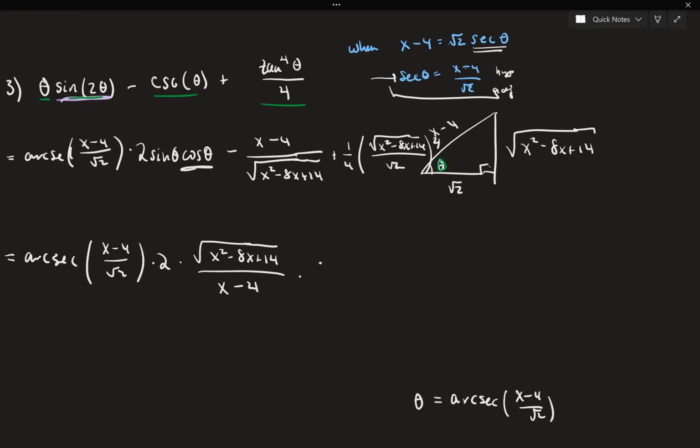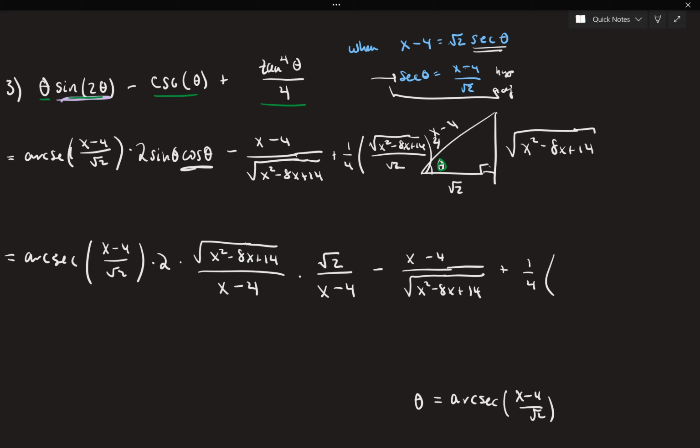It's adjacent over hypotenuse. Okay, and then I'll just recopy the rest of it. Minus all of this. And then plus all the rest of it.